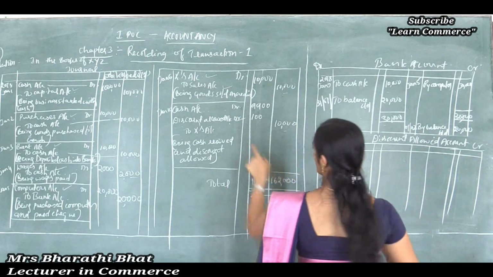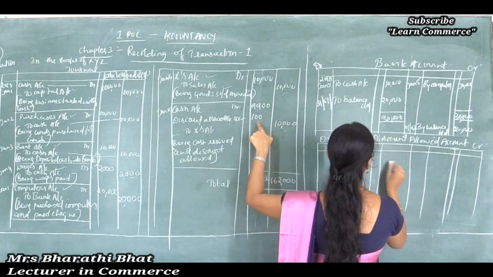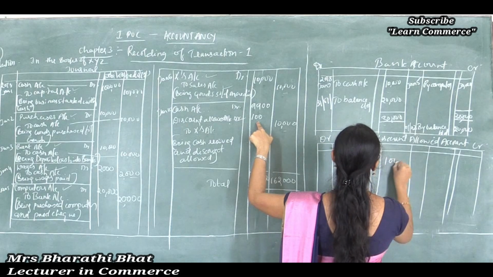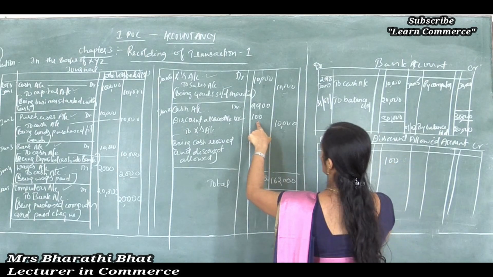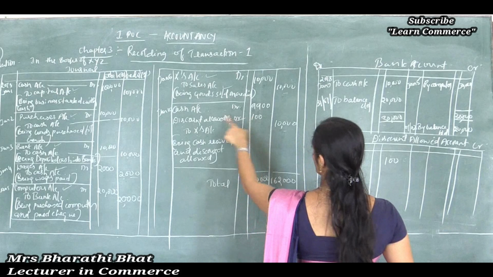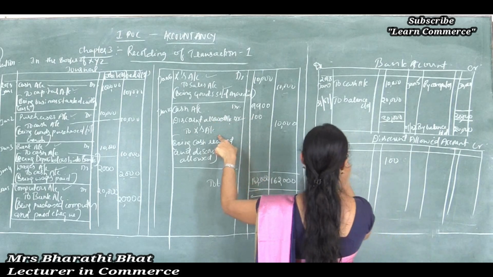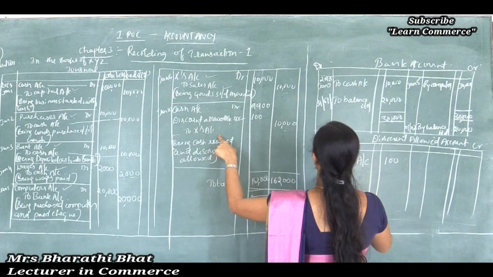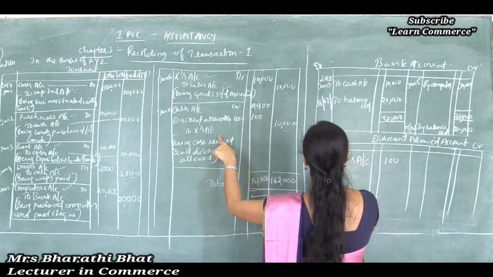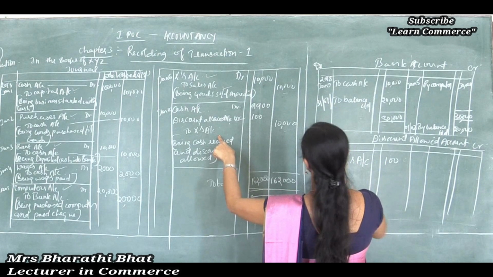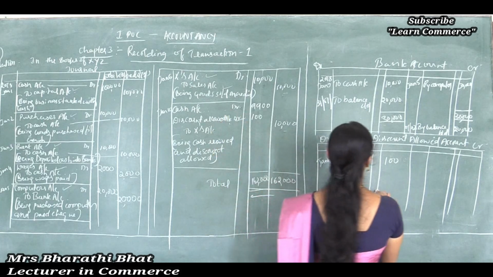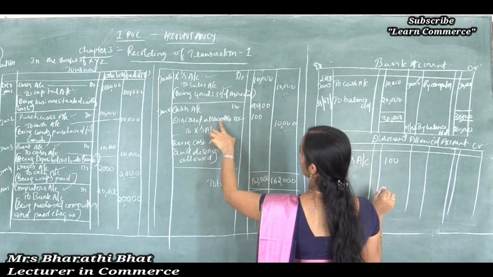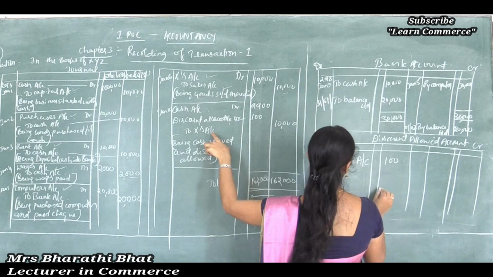Okay. So discount allowed showing debit value, just write 100 rupees. Here discount allowed is affected with this X account. So just write to X account, 100 rupees. Mention the date Jan 10. No other account is affected here, because only one account is affected, that is X account.